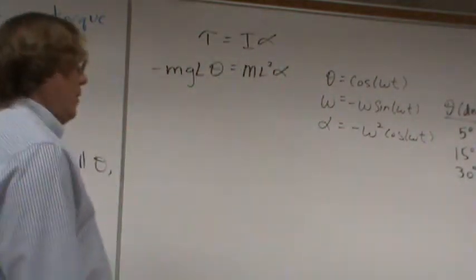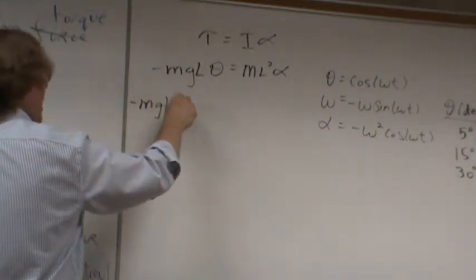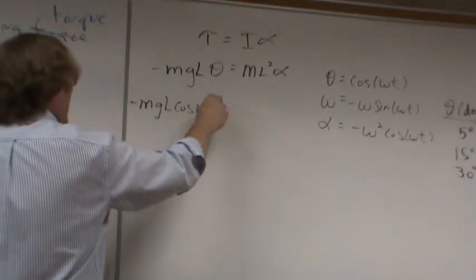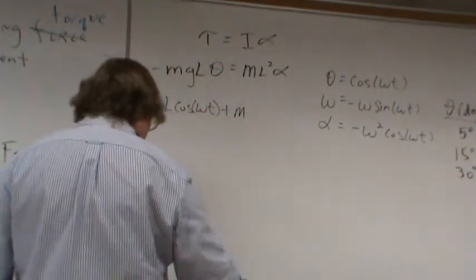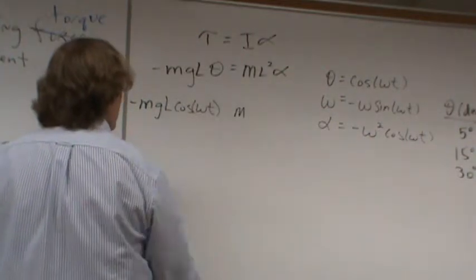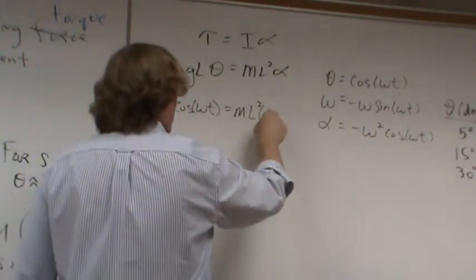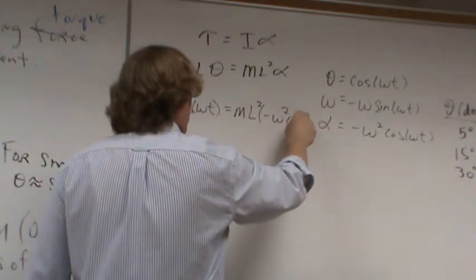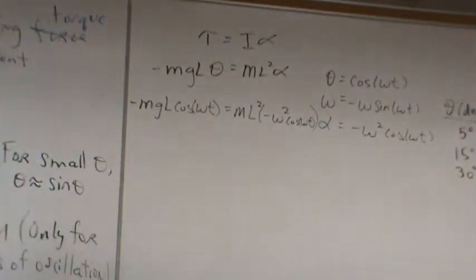And I'm just going to make those substitutions now. So I got negative mgL cosine of omega t. Here I've got mL squared times alpha, which is negative omega squared cosine of omega t. Okay.